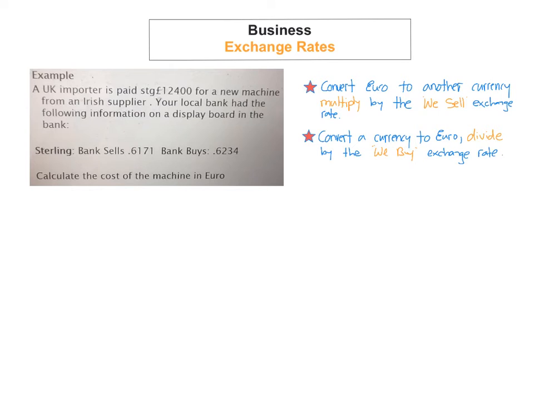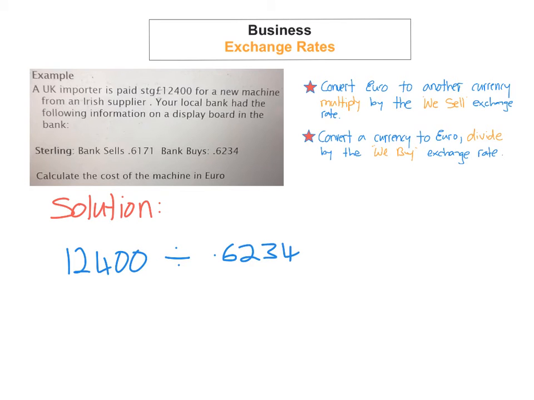Okay, so as a solution, it says convert the currency to euro, we divide by the we buy. So it's 12,400, and I'm going to divide that by the we buy. So bank buys, it's 0.6234, and that gives me 19,890.92.